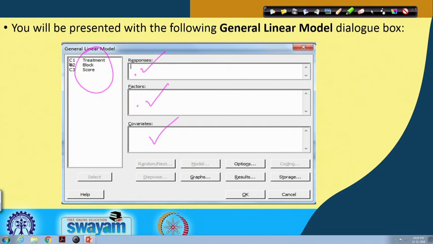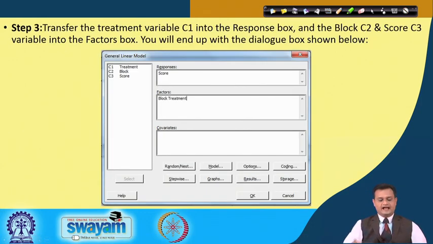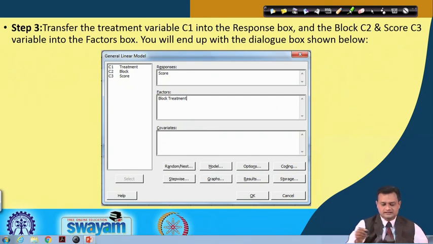You have C1, C2 and C3 here, which pertain to the columns in the Minitab worksheet, and you put or drag the score here as the response variable, then block as the factor.